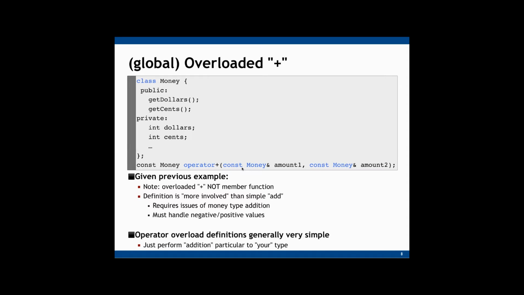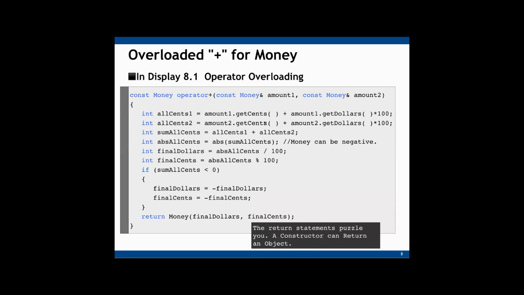The definition of this plus operator adds two objects of money class type. So it is a little bit more complicated than simple arithmetic addition. So this is the definition of the overloaded plus operator. Note that because it is not a member function of the money class, it cannot access private members.